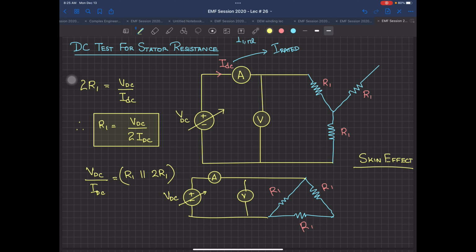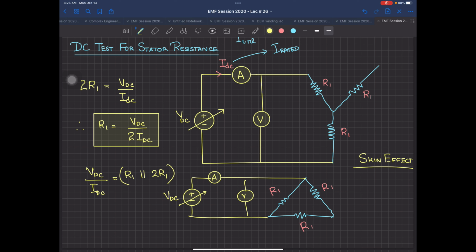But whenever there is a wire with an AC current flowing in it, and by AC current I mean something from 50 hertz to 400 hertz or even more, then what happens? The current does not flow in the center of the wire. It tries to flow on the skin of the wire.